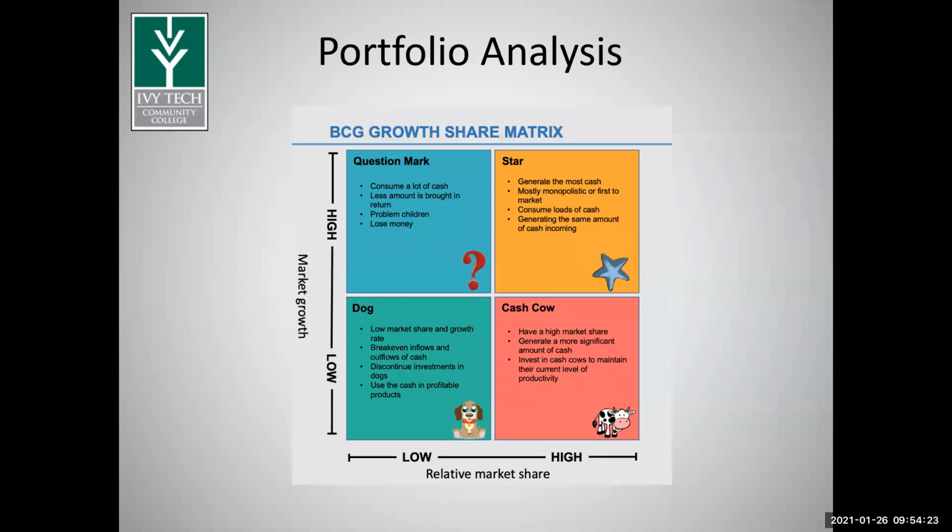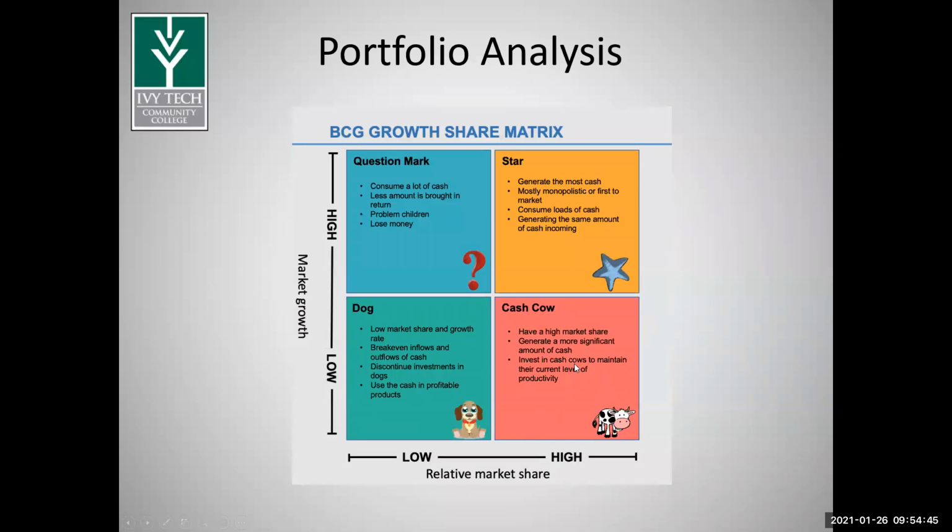You consume a lot of cash, but you're generating a lot of cash, and you at least want to generate as much as, if not more than, you have incoming. What you really want to do as a star is make it really, really hard for anybody else to even want to come into the market.